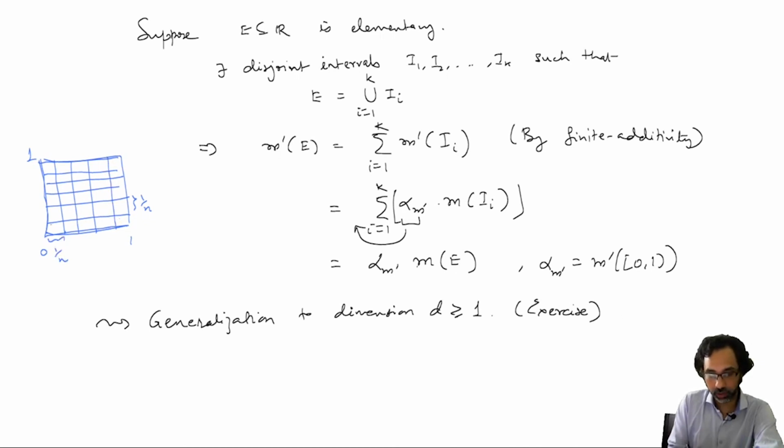So now each box has the same value M prime, for any of these boxes that appear in this grid form. So this is not very difficult, and I leave it to you as an exercise for any dimension d. Okay, so now we have seen that our elementary measure is unique up to multiplication by a scalar c.